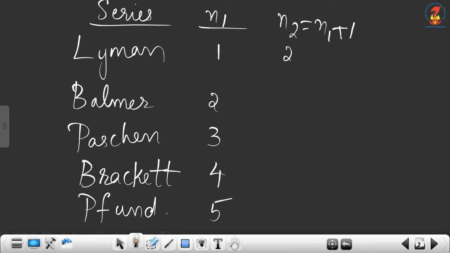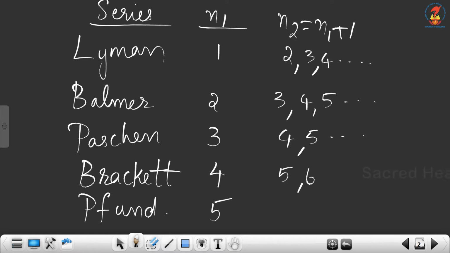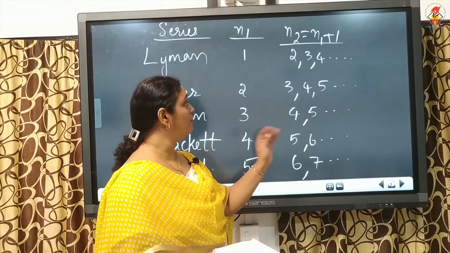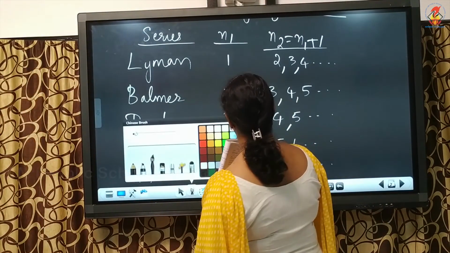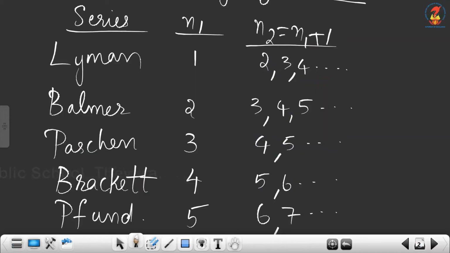So, for Lyman series n2 values are 2, 3, 4, etc. Then for Balmer series 3, 4, 5, etc. For Paschen 4, 5, etc. Brackett 5, 6, etc. and Pfund 6, 7, etc. So, we have n1 and n2 values for these series. Now, n1 and n2 are integers and n2 is always greater than n1. Now, let us see in which region of the spectrum they lie. So, next we have the spectral region.